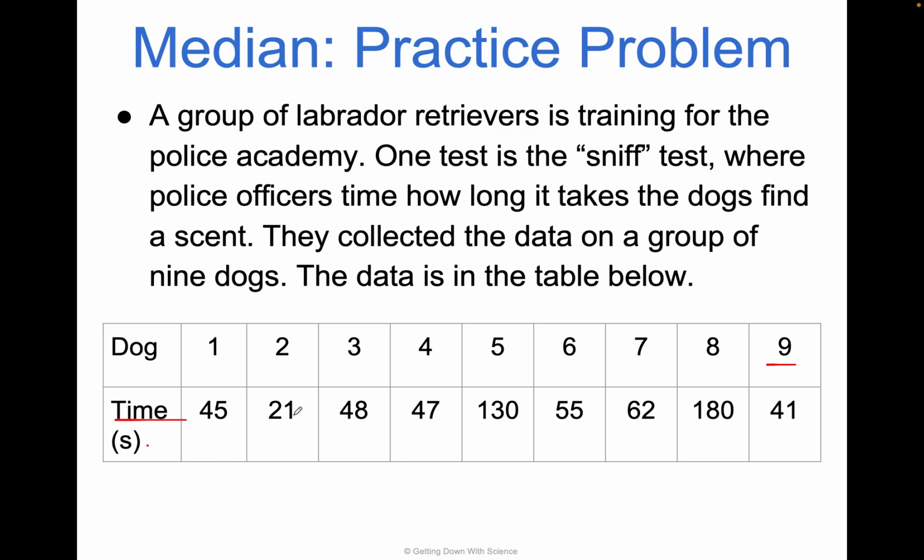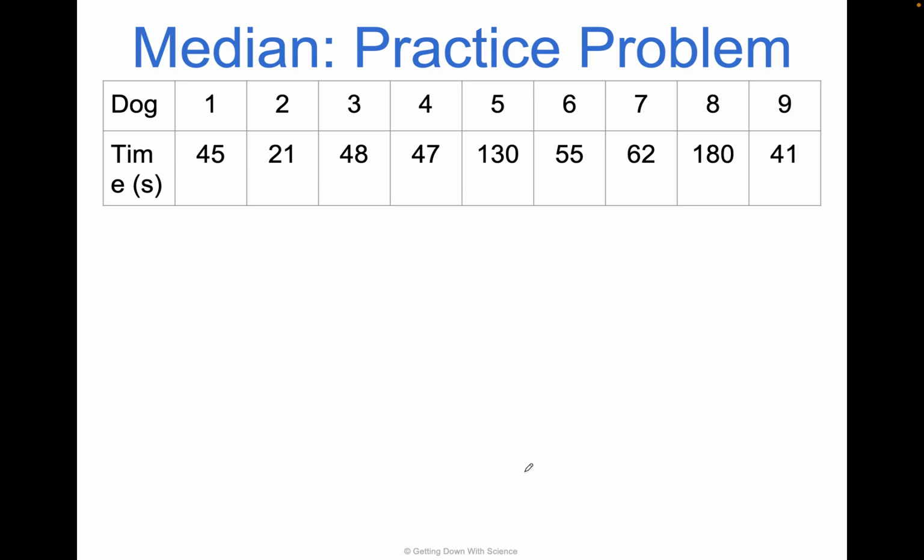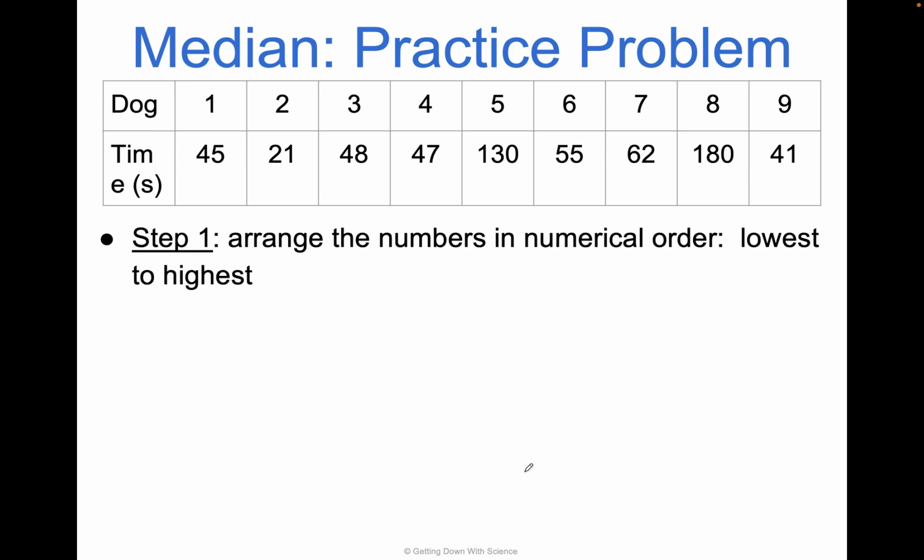So already, right off the bat, you can see there's a 21, which is kind of a small number compared to like 180, right? So this data set has extreme values in it. The best central tendency that we can use to describe this data is the median. So first step, arrange the numbers in numerical order from lowest to highest.